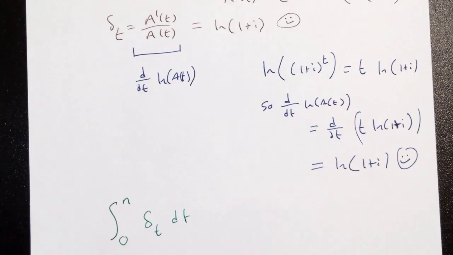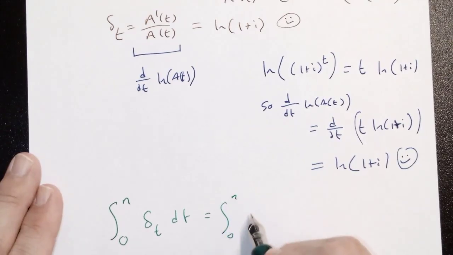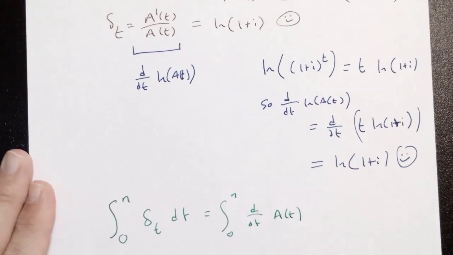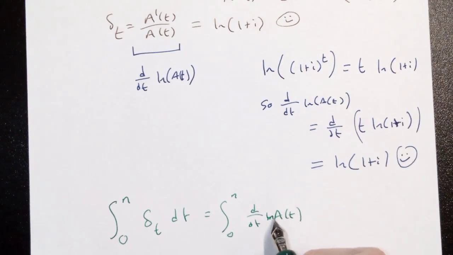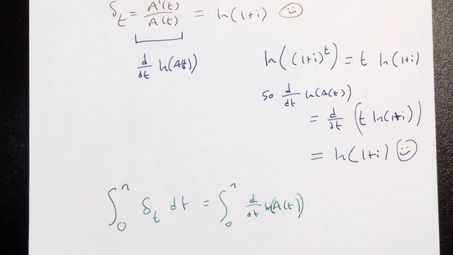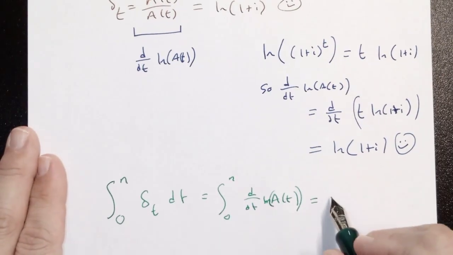I'm going to integrate this thing. But that's the integral of a derivative. Whoop, I forgot the ln. There. Which means when I integrate a derivative, the integral and the derivative cancel each other out, and I get this thing evaluated at those ends.